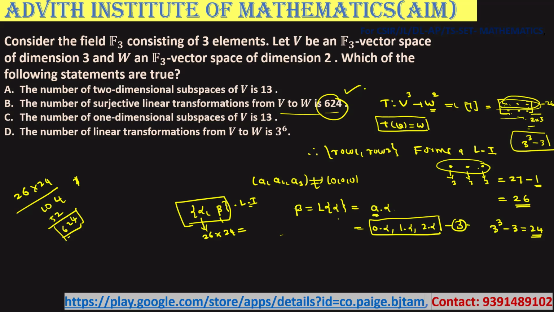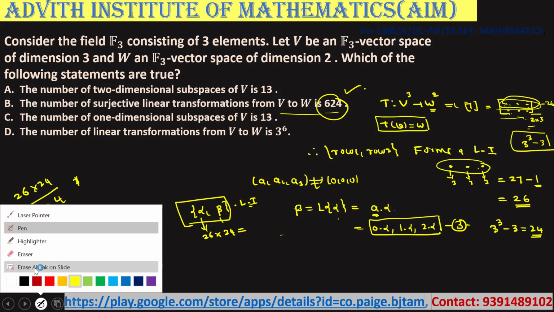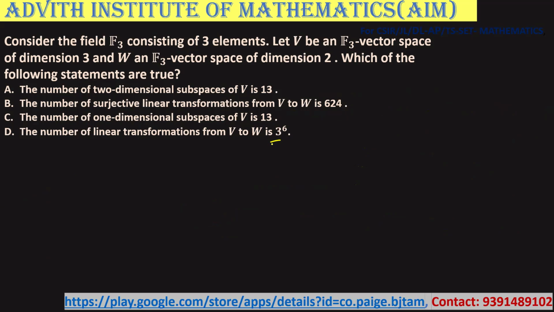And what is option D? The number of linear transformations from V to W is 3 power 6, he said. So T is from V to W. This is a 3-dimensional space and this is a 2-dimensional space. So what is the matrix of T? A 2 by 3 matrix, so 1, 2, 3, 4, 5, 6 entries. Each entry is from F3.